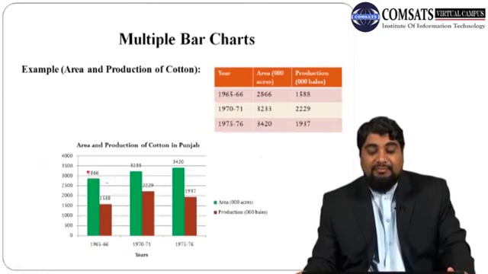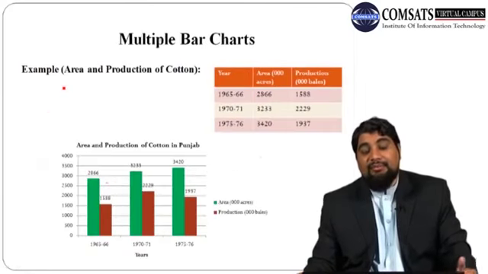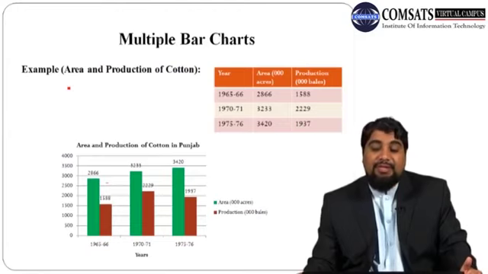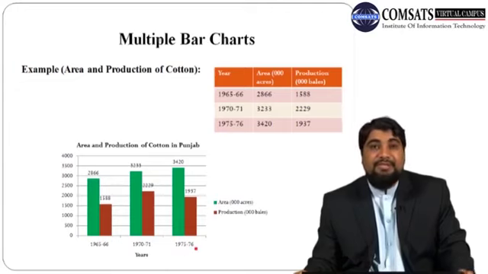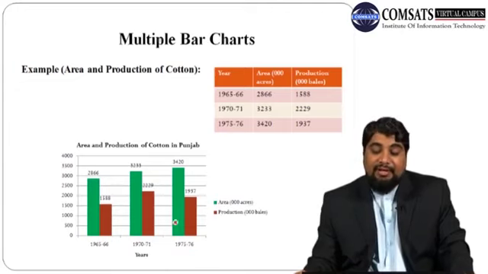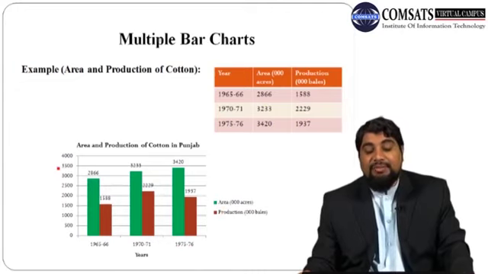So here is the chart, which is produced by Microsoft Excel. You can see that along the x-axis we have the years 65 to 66, next 70 to 71, next 75 to 76, and along the y-axis we have the corresponding frequencies.